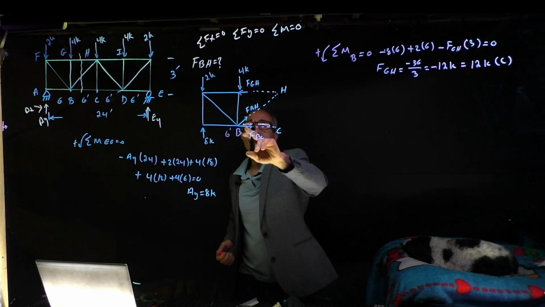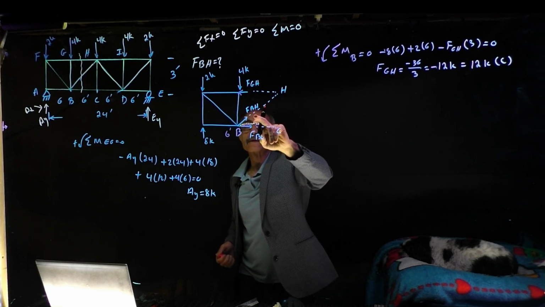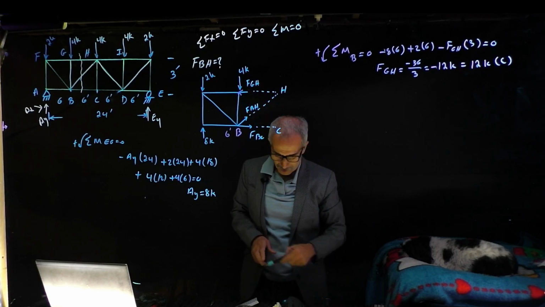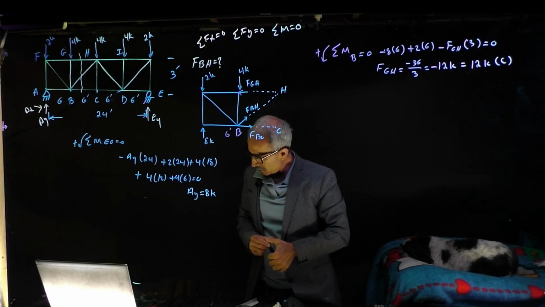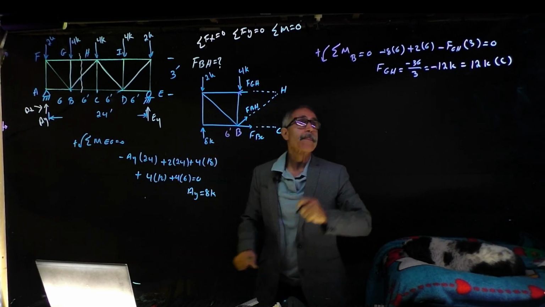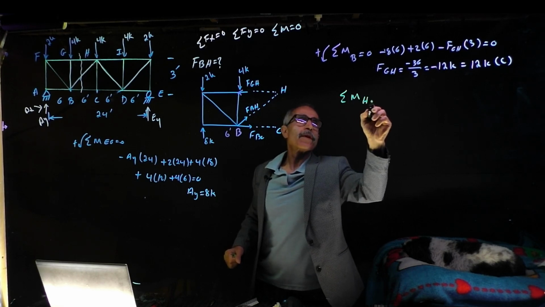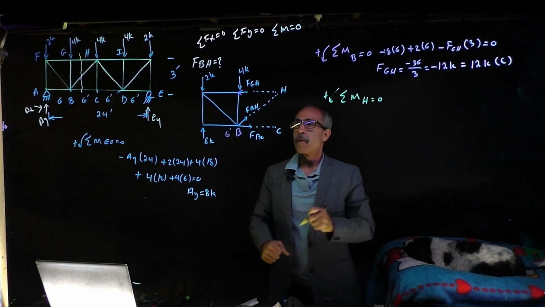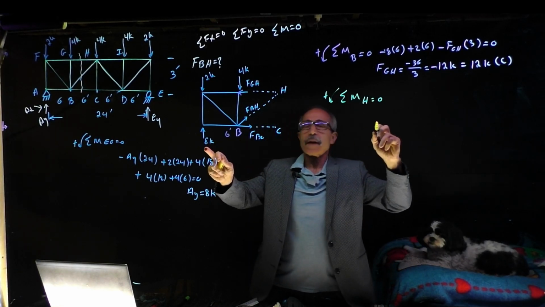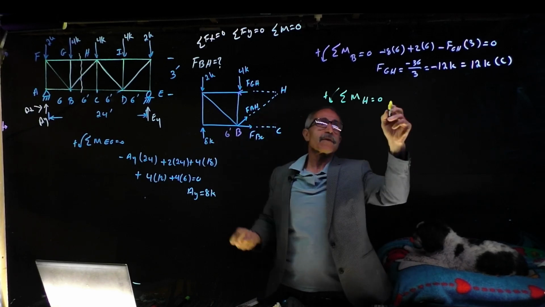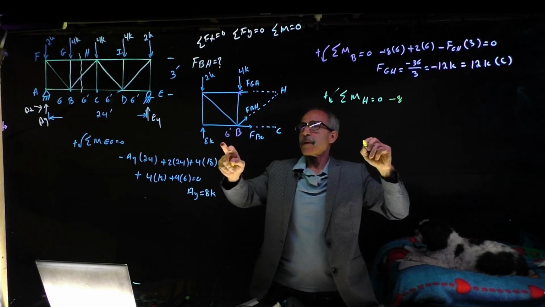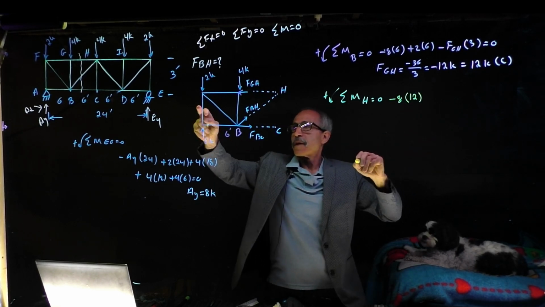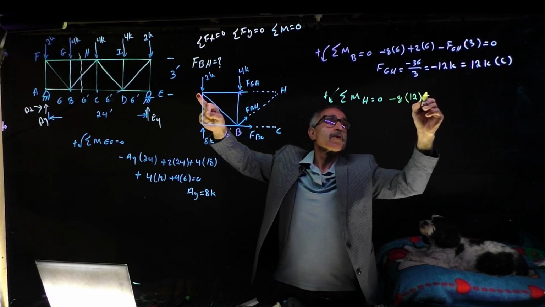The way I can do it now, I can take a moment about point H. That's going to eliminate this, and it's going to eliminate this. So let's take a moment about point H, going counterclockwise is positive. I have 8, that's going to be negative, minus 8 times 12. And then plus 2 times 12.